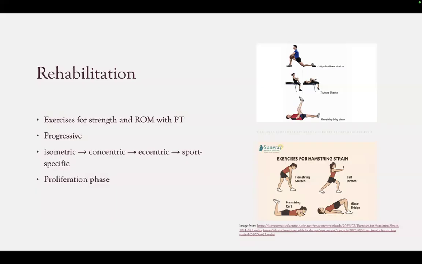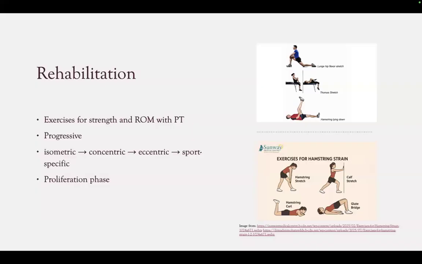So here are the couple of steps of the rehab. The first, early rehab, is focused on the isometric phase. The goal here is to reduce pain and maintain muscle activation to prevent atrophy, but without stressing the tear and causing more pain or trouble to the athlete.